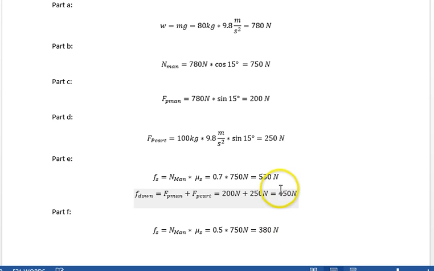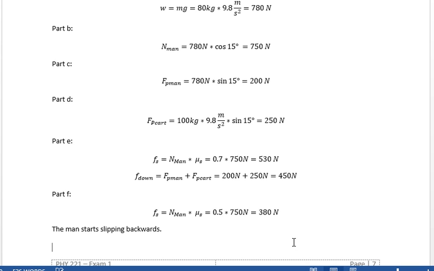The man still has to support 450 newtons, so if it rains, the man starts slipping backwards. That's it for the final problem.